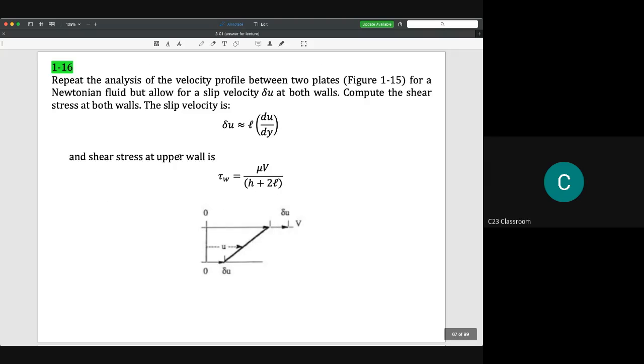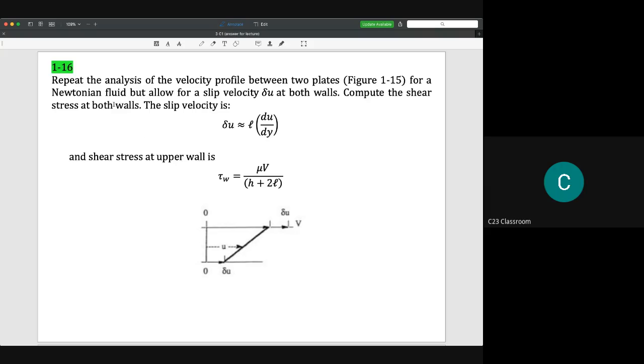Okay, then for question 1.16, we are evaluating the same situation, which is we have two plates here, one is moving and one is fixed. However, we don't have the no slip condition.